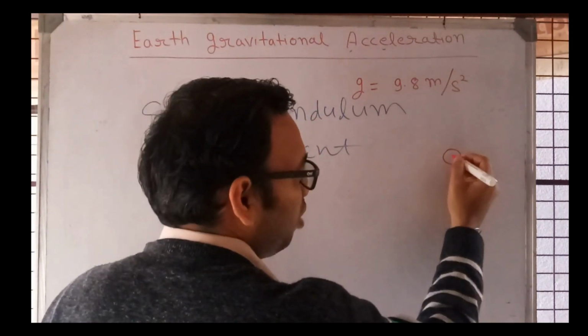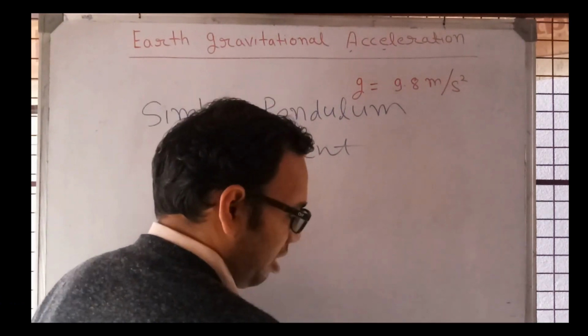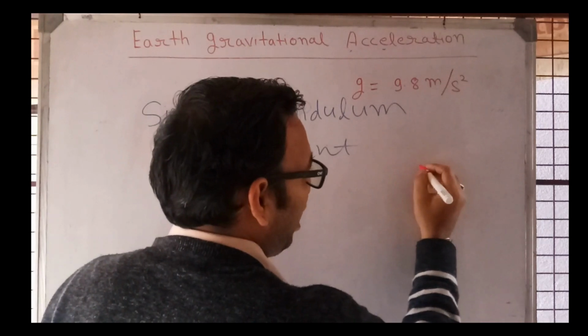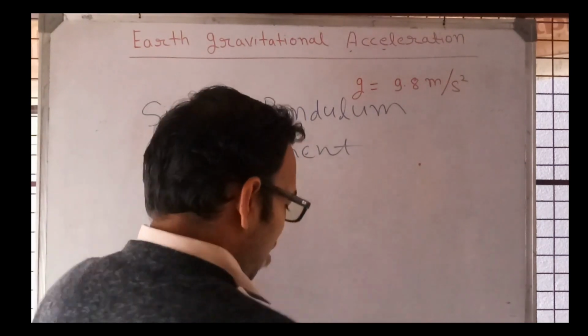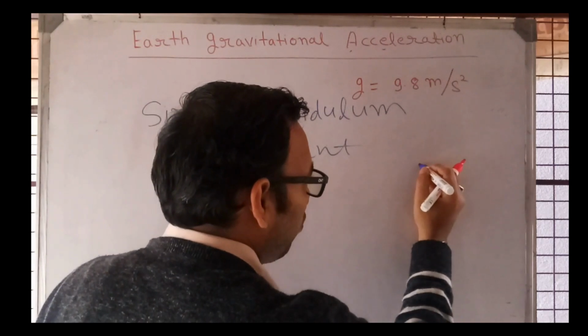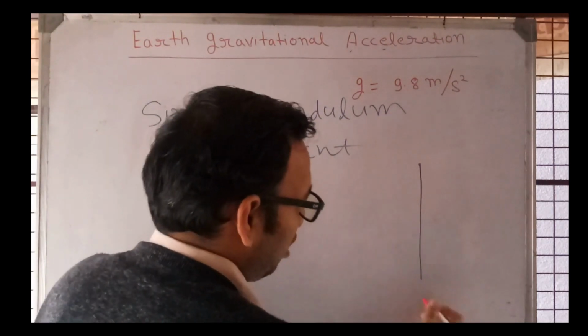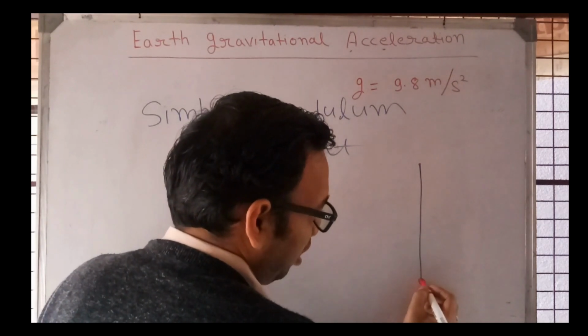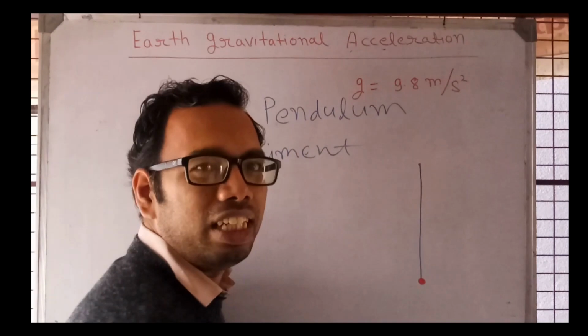This weight I will hang with the help of some thread. I will take one point, and from this point I will hang one bob. This is my thread, and this is my bob, any round weight.